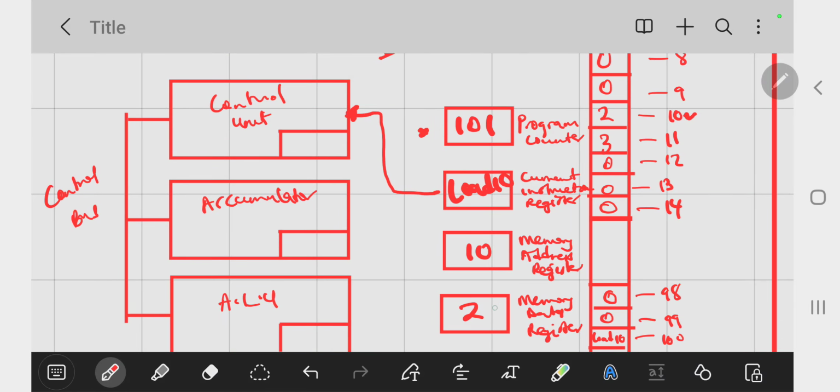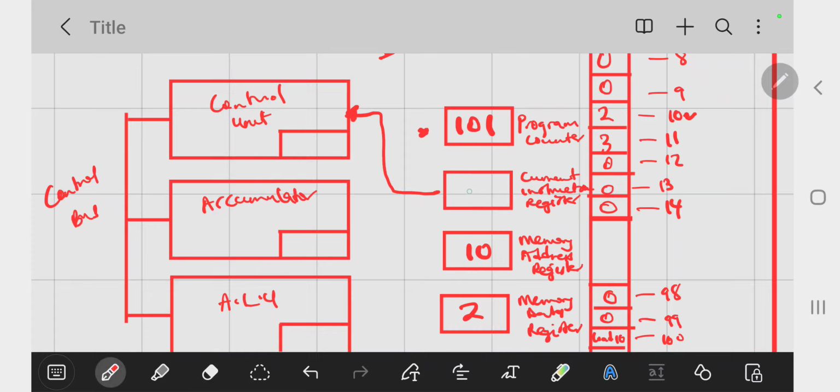Then now after this, the content is stored in the current instruction register. So now remember, something needs to move from the current instruction register, and then it can be stored in the accumulator. So at that point you're going to notice that the current instruction register is going to change.